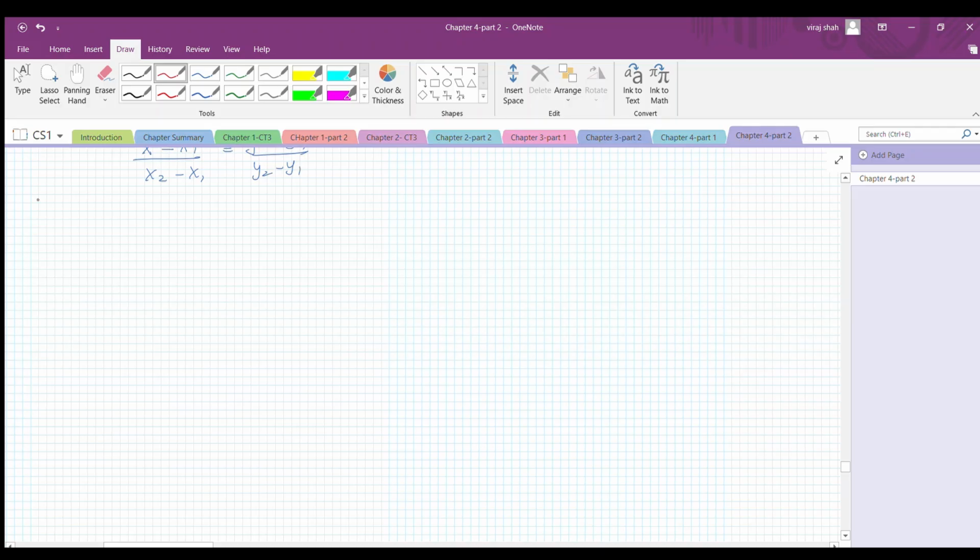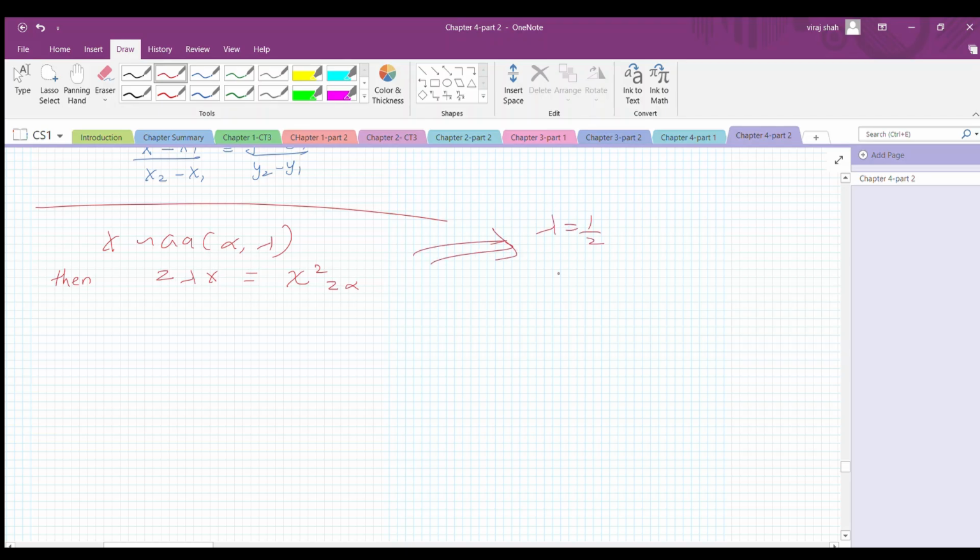If x follows gamma with alpha and lambda, then 2 lambda x follows chi-square 2 alpha. Why did I write this? If you remember, my lambda was half and alpha was v by 2. If I substitute that value, I get x is equal to chi-square v. So this is my point.